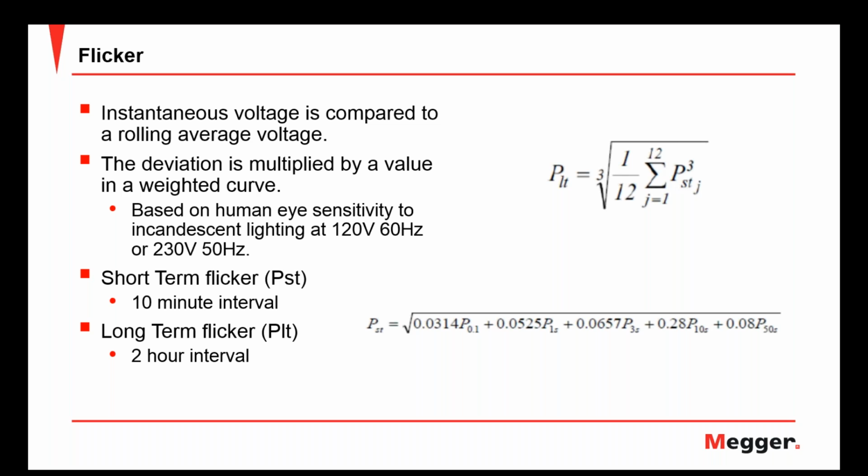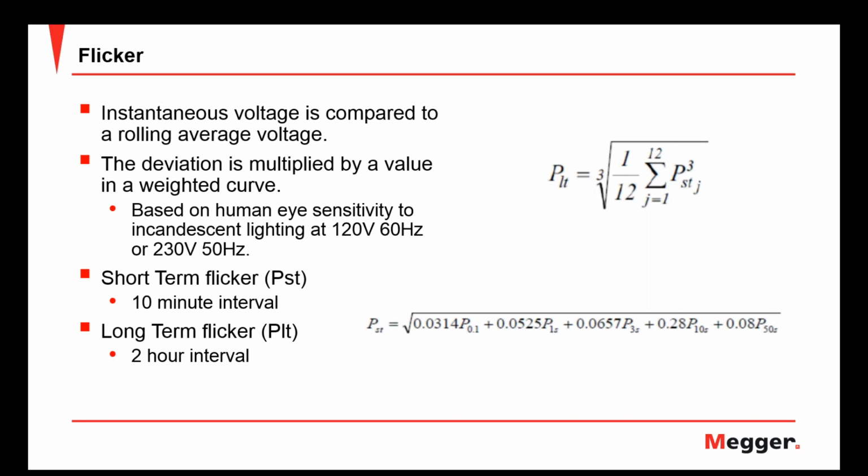When we measure flicker, what we're doing is measuring the instantaneous voltage and then comparing it to a rolling average, and we come up with a difference there. This difference is then multiplied by a weighted curve.